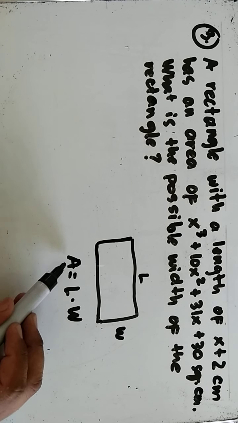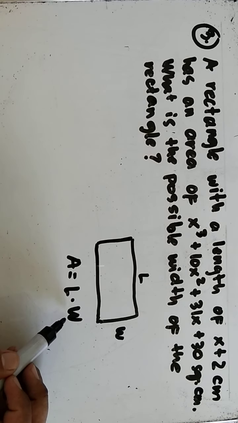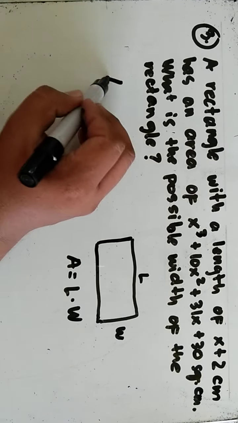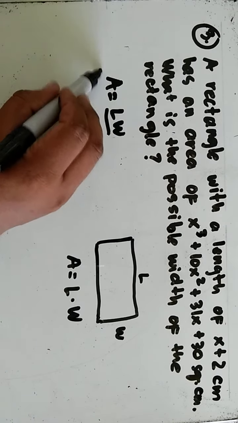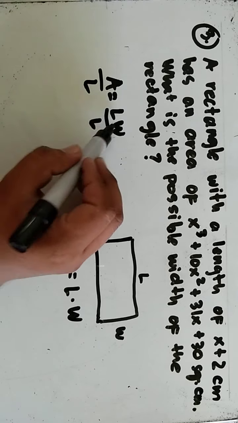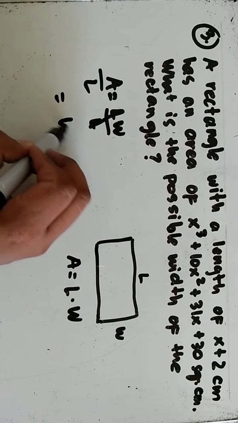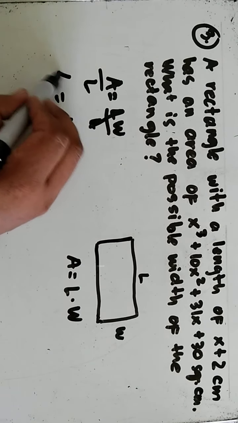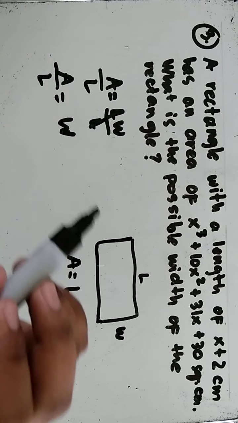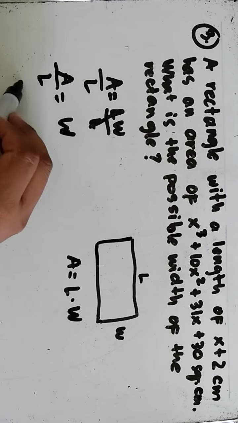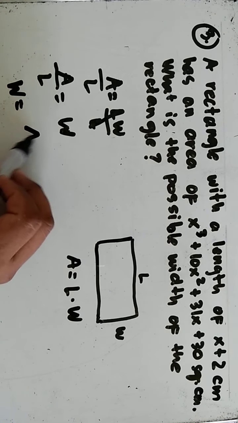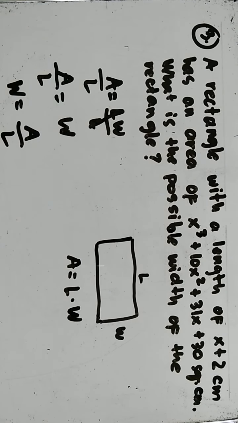So, binigyan tayo ng area, binigyan tayo ng length, pinapahanap sa atin yung width. Kailangan nating i-manipulate yung formula. So, divide both sides by L para matatanggal ito, ang matitira yung width. So, meron tayong area over length. Kapag hahanapin natin si width, ang magiging formula natin ay A over L.